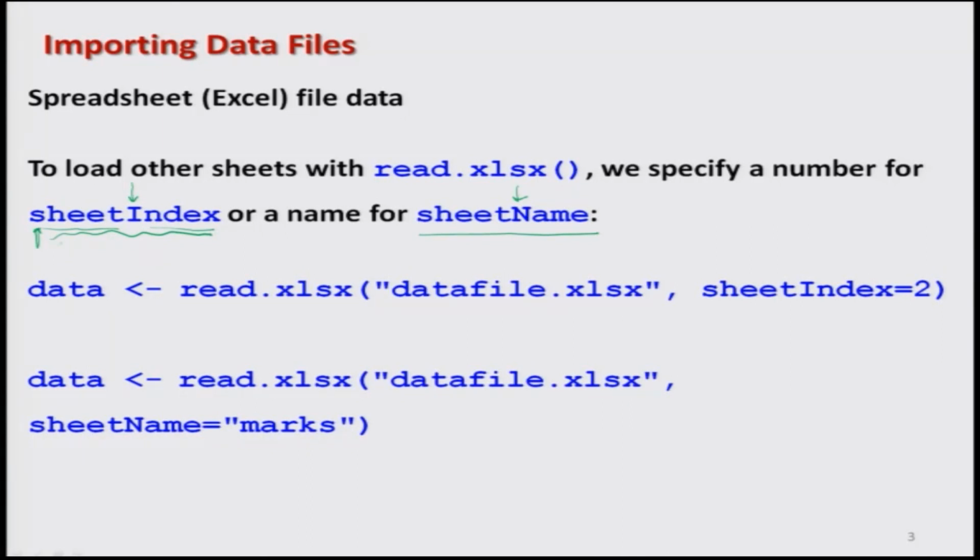So sheetIndex is used to specify the number of the sheet, and sheetName is used to specify the name of the sheet which we want to read inside that file.